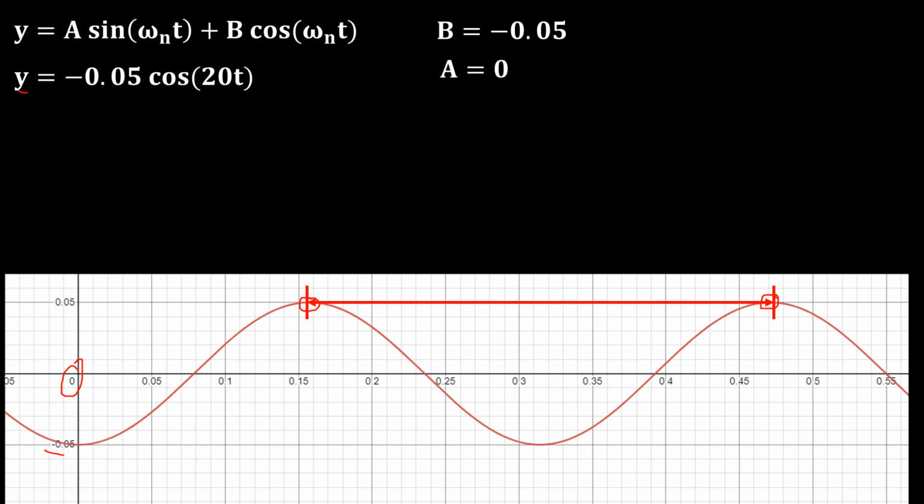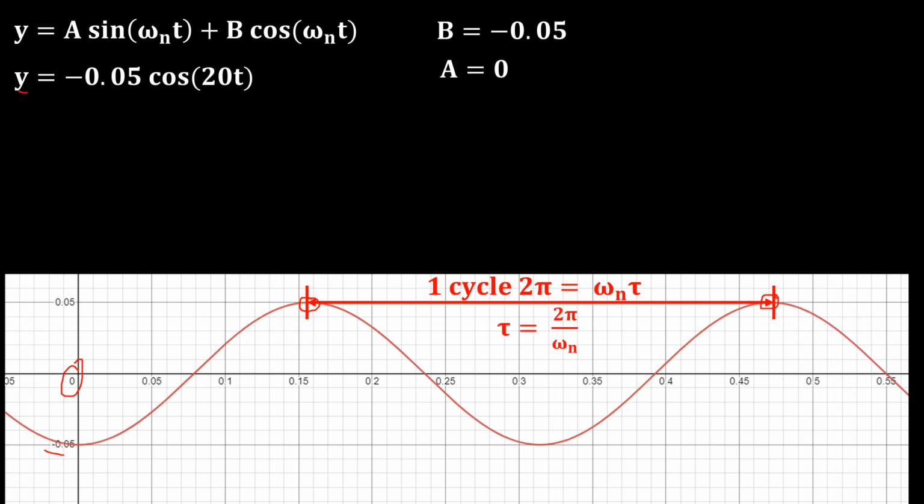So we want to know, for a system with a certain spring constant, a certain mass, and certain initial conditions, if we are given these three things, how much time does it take for this system to complete one cycle? So one cycle is 2 pi equal to natural frequency times time.